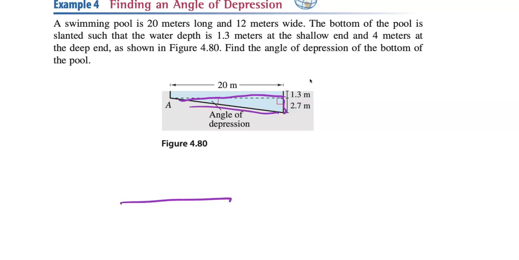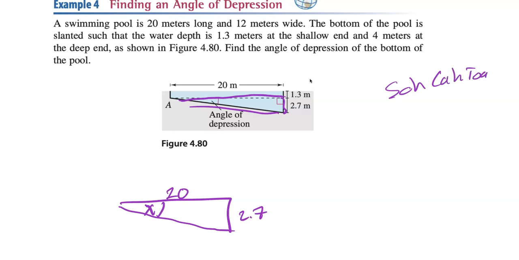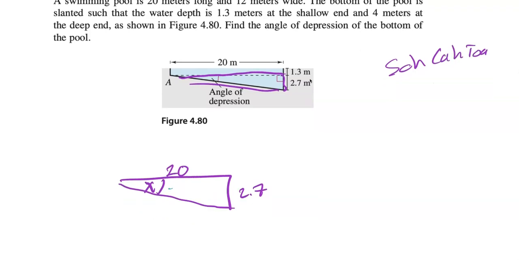And that triangle is 2.7. That's the x we're looking for. This is 20 meters. So the way we're going to solve this, we haven't done this with the calculator yet, is we're going to use SOHCAHTOA, but we're going to use inverse functions. So what do we have here? We have opposite, and we have adjacent.